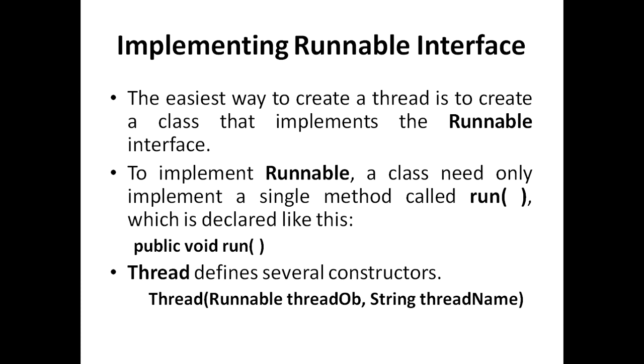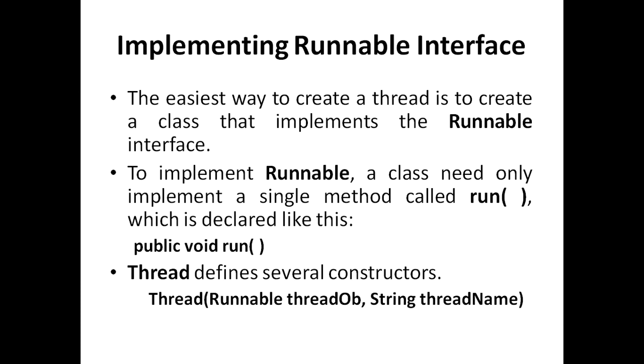As it's an abstract method, it does not have an implementation part. So your job here is to create a class which implements the Runnable interface, in which you provide a body for the run method.